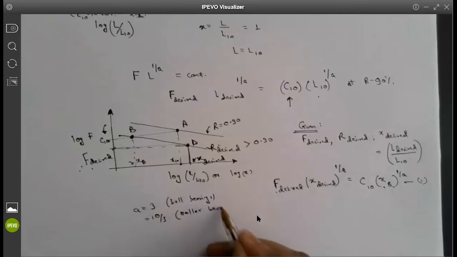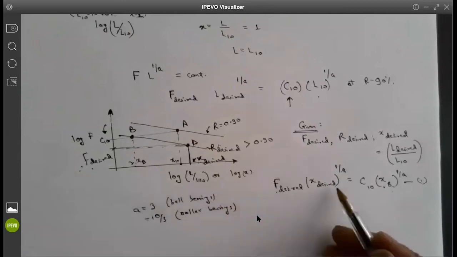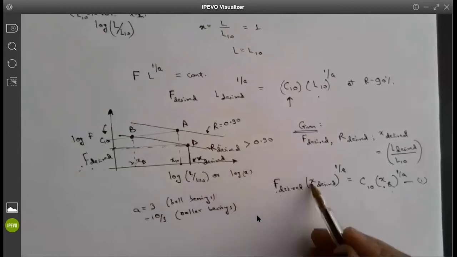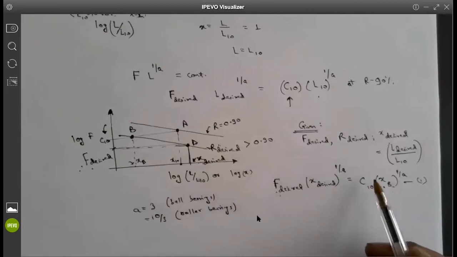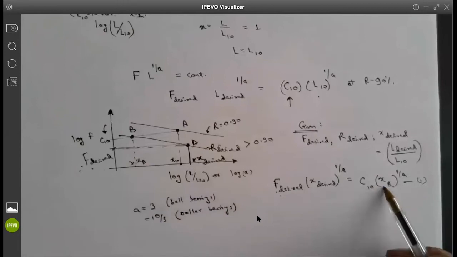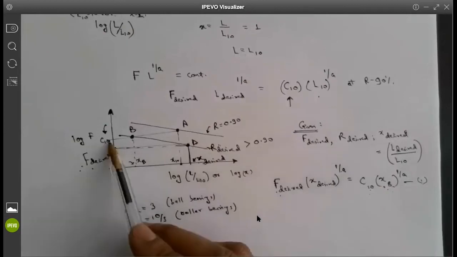You know F desired because it is given. You know X desired, it is given. Do you know XB? No. Do you know C10? No. So we have 2 unknowns here.